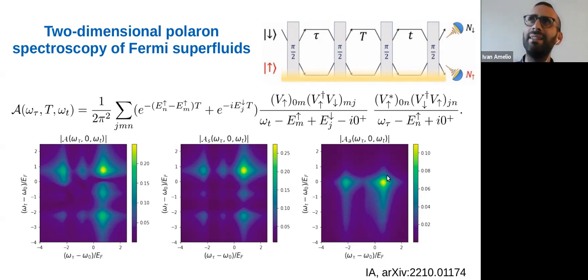So the take-home message of this paper is that one cannot really gain more information using two-dimensional polaron spectroscopy, at least one will not be able to get the size of the gap. And okay, basically this is the digression of this other spin-off paper.